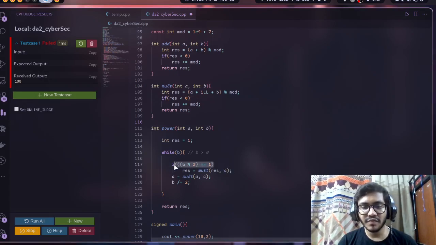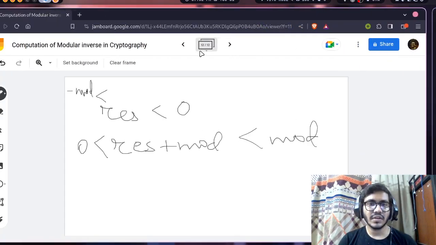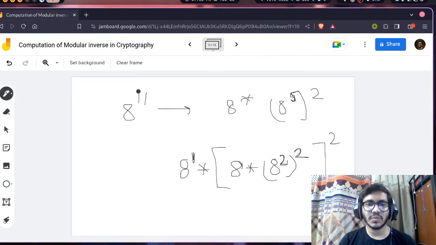And again, if power is an odd number as we talked about, you multiply the result with the current a, or the current base that you are working on, as we did here. So 8 raised to the power 11, 11 is an odd number, so you multiply 8 to the answer here.